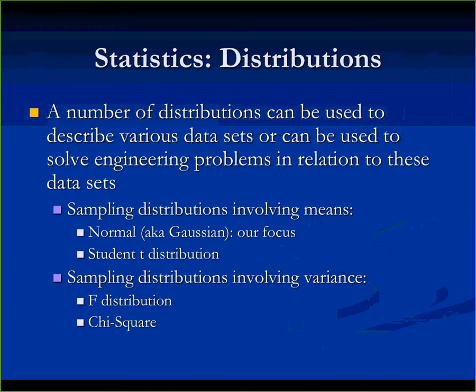There's also a student T distribution, and again, we'll talk about this too in a little bit. You'll also use that for small numbers of data points in a particular sample. So these are really the two that you're going to be using, I would say, for the PE exam. The F distribution and chi-square distribution are distributions that involve variance.